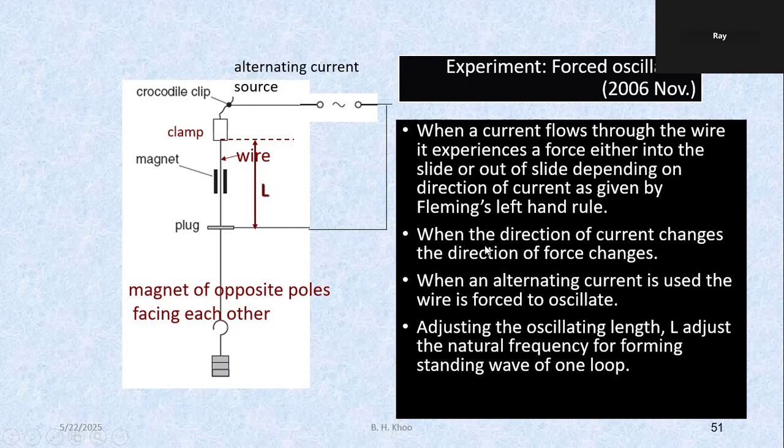When the direction of current changes, the direction of force changes. When the alternating current is used, the wire is forced to oscillate. Adjusting the oscillating length L adjusts the natural frequency for forming the standing wave of the loop. Right? That's the length. So it will oscillate with large amplitude where it has reached the natural frequency of oscillation of the wire.